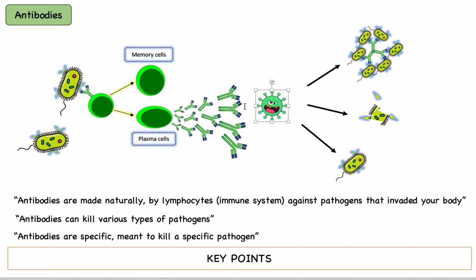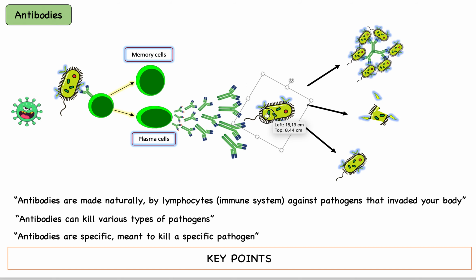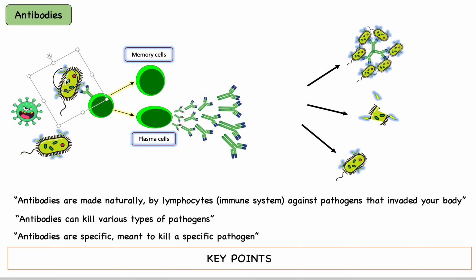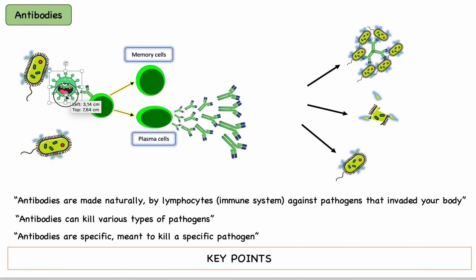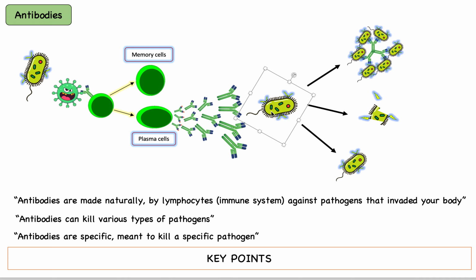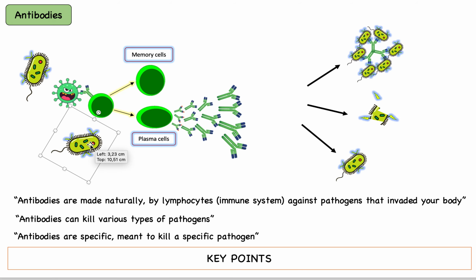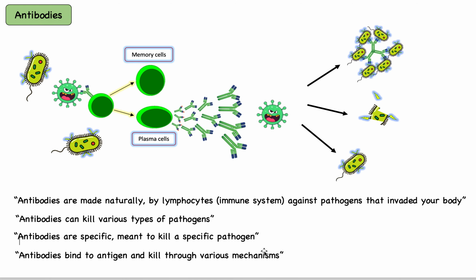So this antibody will only be able to kill the original pathogen bound to, okay? So this one. But say originally it bound to this pathogen and made antibodies. Now those antibodies can't kill this pathogen because those antibodies are specific to the original pathogen that the lymphocyte bound to. So in this case, it will only be able to kill this kind of cell, this kind of pathogen, okay?